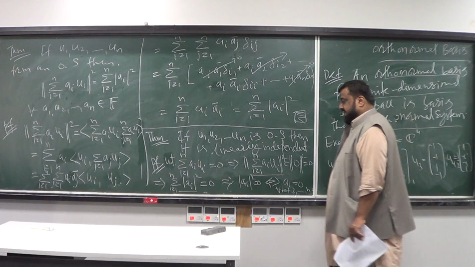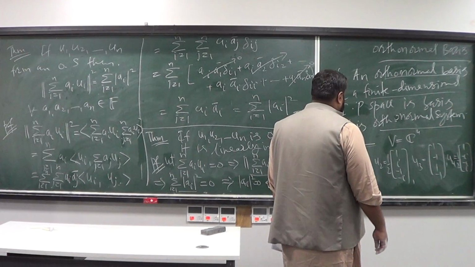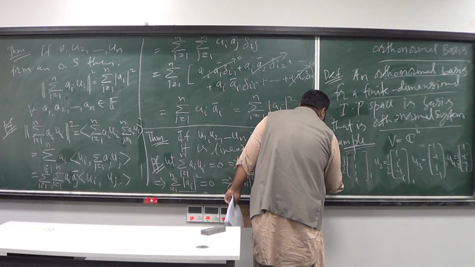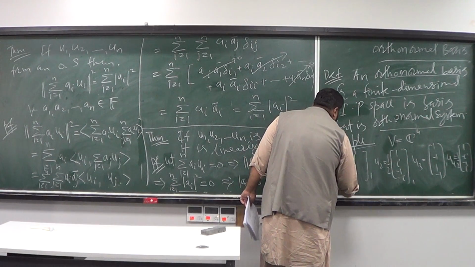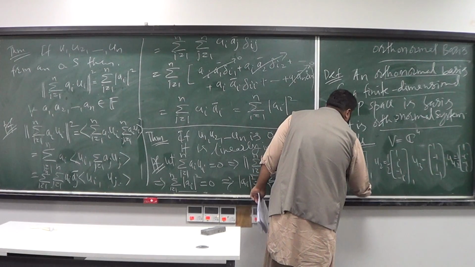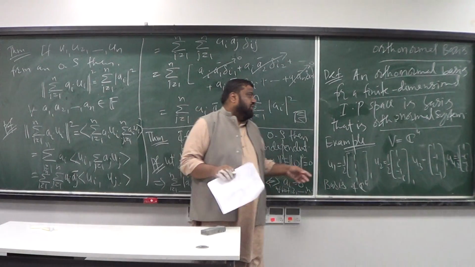So these are the 4 vectors. What we can prove easily about these 4 vectors is that they form a basis of C4.